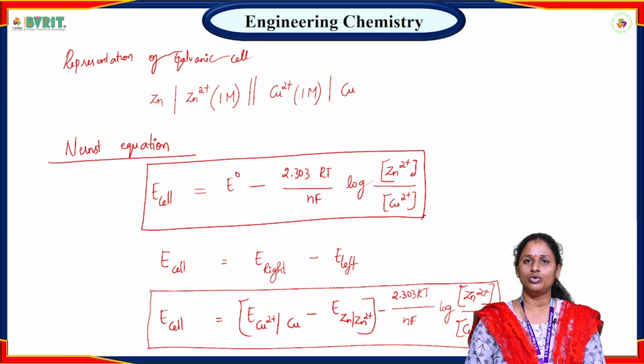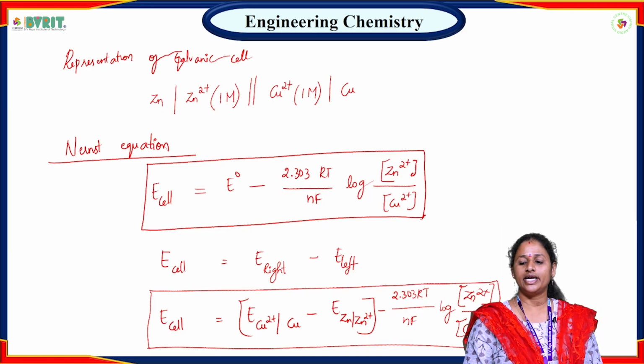So E cell equal to E of Cu2+/Cu minus E of Zn2+/Zn, minus 2.303 RT/nF log of Zn2+ concentration by Cu2+ concentration. So here 2.303, and R is 8.314. Temperature can be a standard 298 Kelvin.